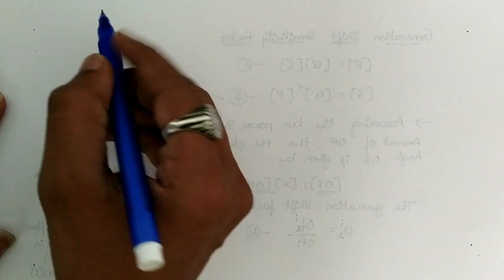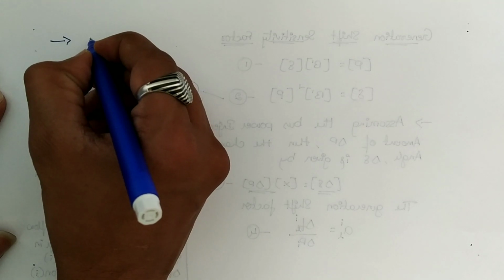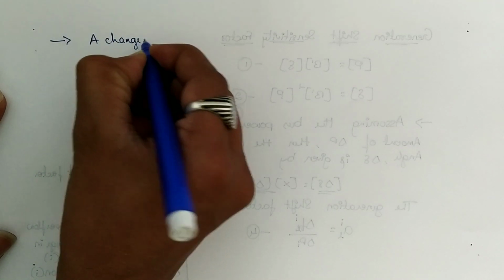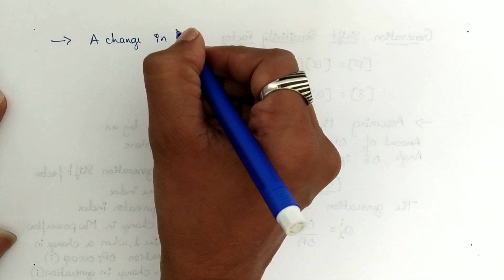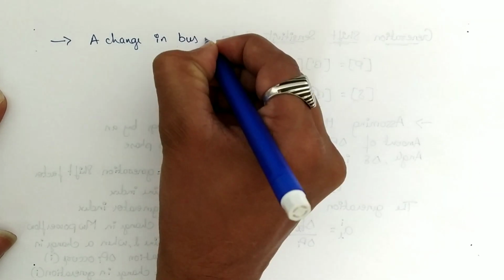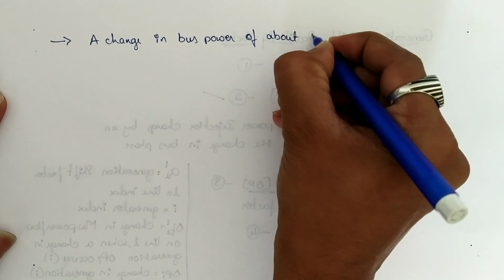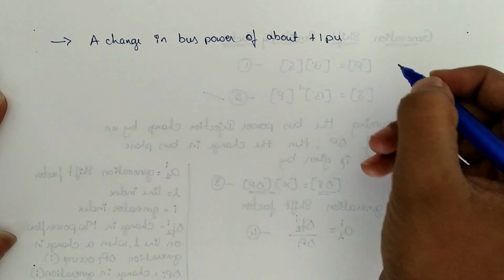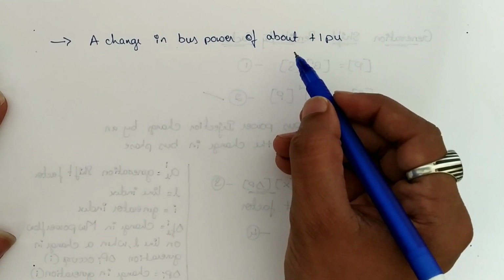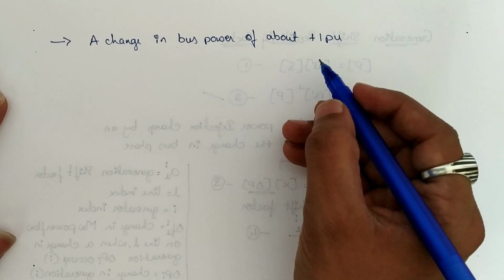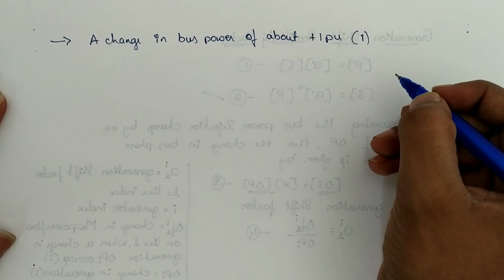For that, let us consider a change in bus power of about plus 1 per unit, which means here we are having an increase of 1 per unit of power at a bus. Let us assume the bus is the ith bus.